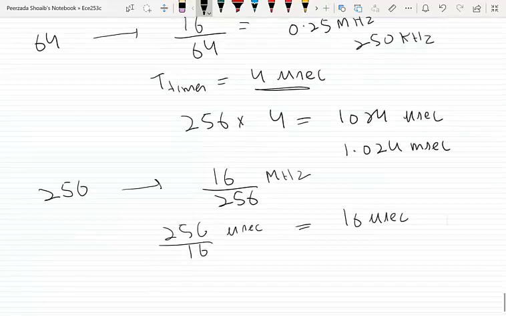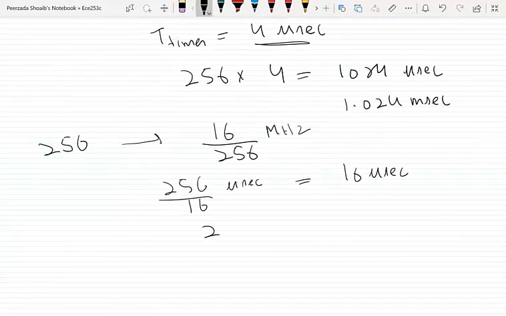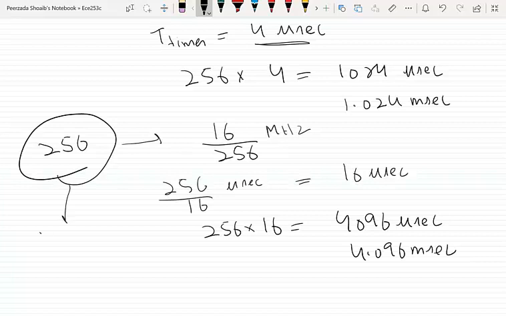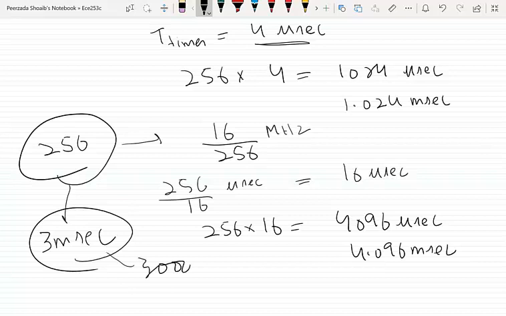And the maximum time delay I will be getting will be equal to 256 into 16, that is 4096 microseconds or 4.096 milliseconds. That means I can actually use the 256 prescaler to generate a 3 millisecond time delay, that's equal to 3000 microseconds, because the maximum time delay I can generate is 4096 microseconds.